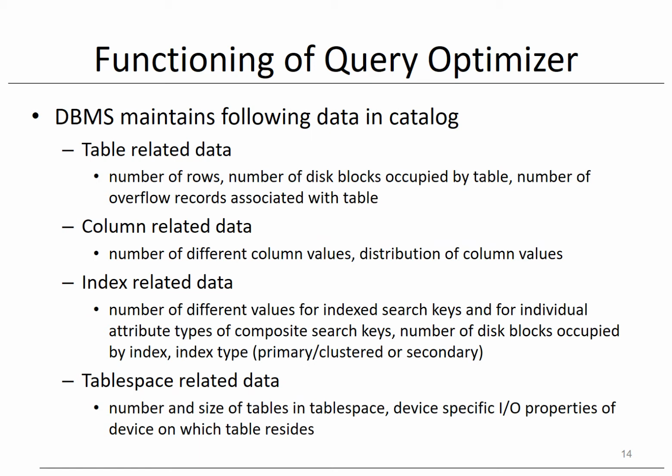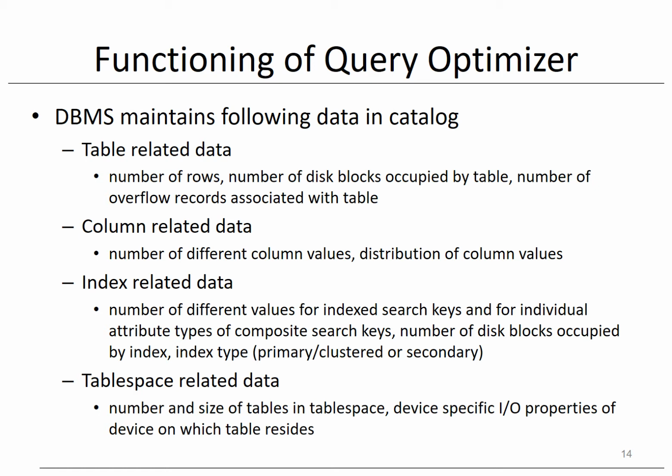The DBMS maintains the following statistical data in its catalog to be used by the optimizer to calculate the optimal access plan. Table-related data, such as number of rows, number of disk blocks occupied by the table, and number of overflow records associated with the table. Column-related data, such as number of different column values and statistical distribution of the column values.